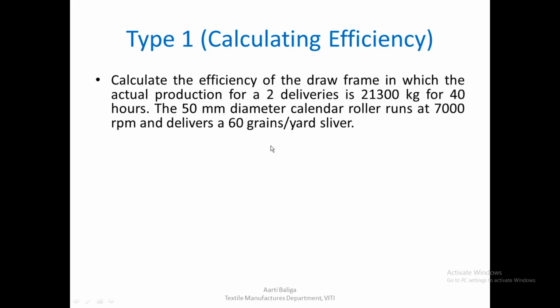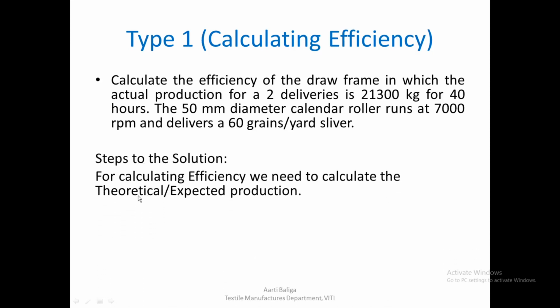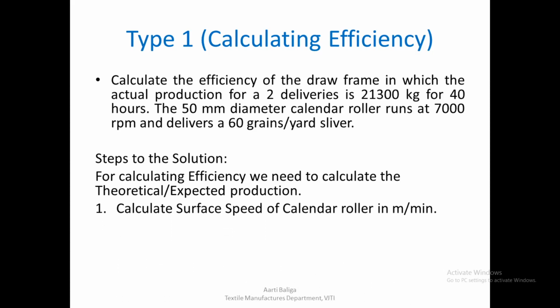To calculate efficiency, we first need to calculate the theoretical or expected production, that is the production at 100% efficiency, which we calculate the same way as normally. For this we need to calculate the surface speed of the calendar roller.